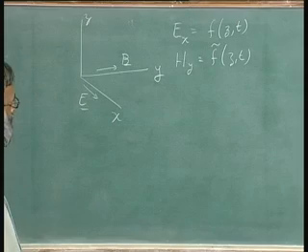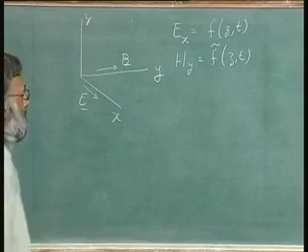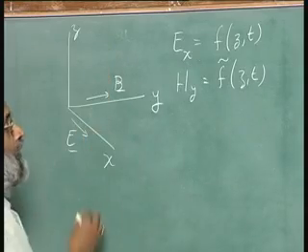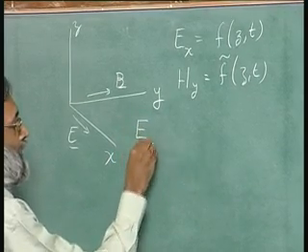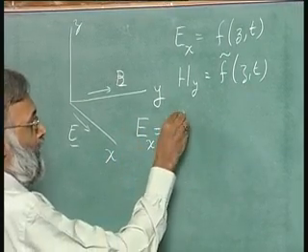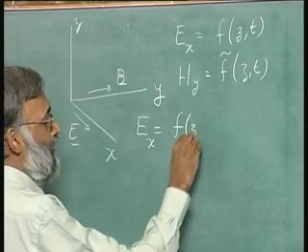And last time we worked out and found that if you solve this problem, you find that the electric field Ex is actually a function of a very specific form.